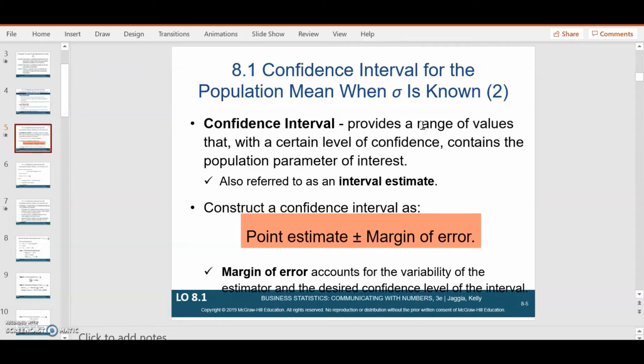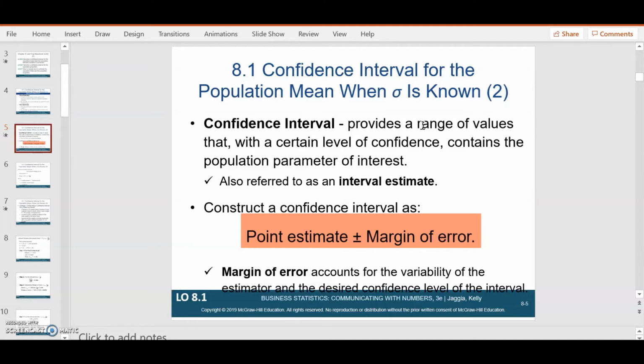So based on the information that we gathered from a sample, we can create the interval estimate that will provide us a range of values, the minimum value and the maximum value, where we assume that the actual value of the population mean or proportion is located between those two values.